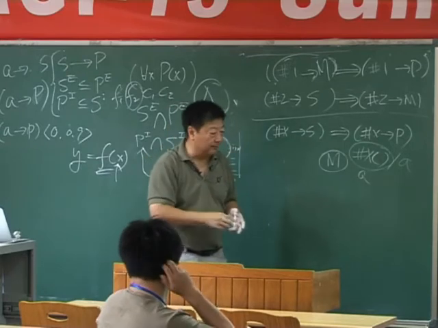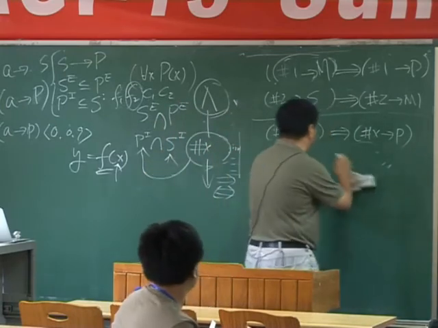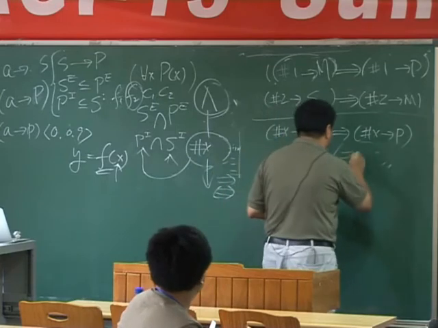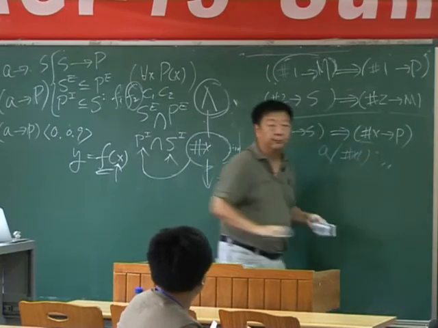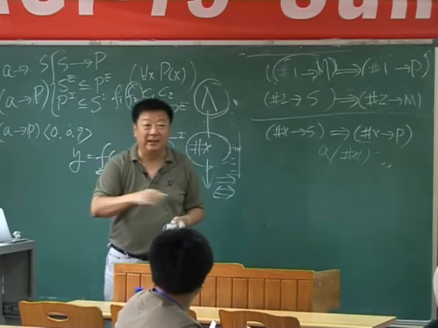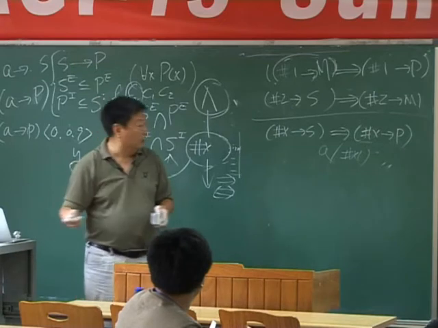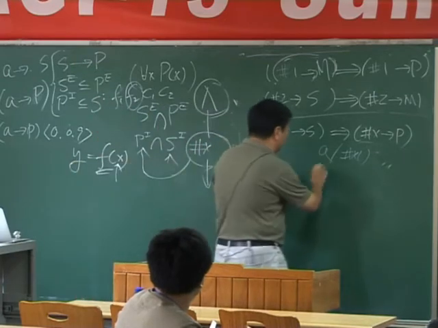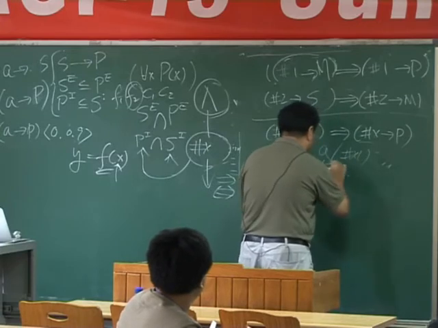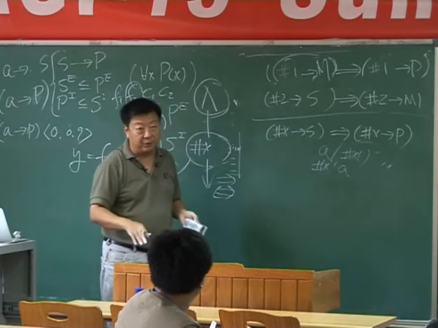On the other hand, the other way around is valid. That is, if something is true for A, I can always say it's true for something, right? I can just turn every constant into an anonymous term. So this one and this one normally are the natural way of substitution.